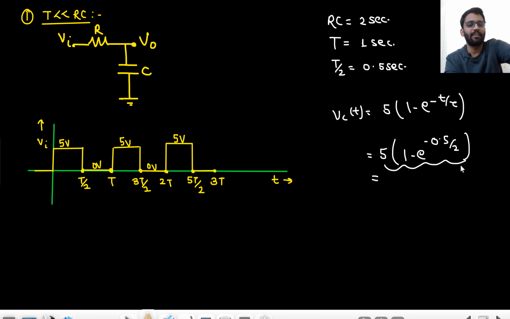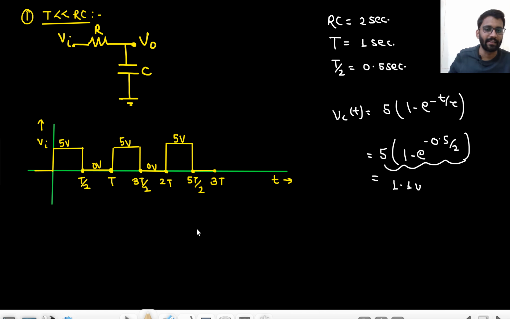Let's calculate what this value is. After solving it, we will get around 1.1 volt. So it wanted to charge up to 5 volt, but it is charged to only 1.1 volt.